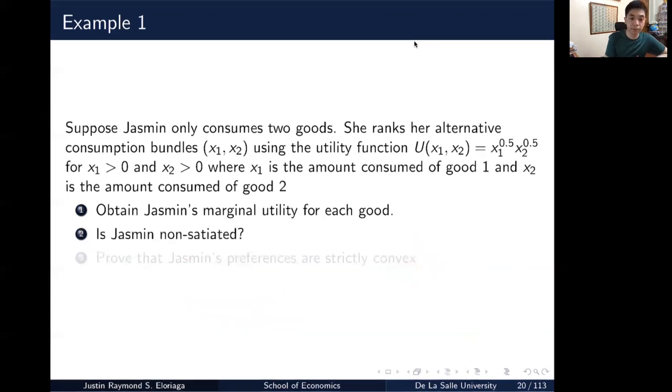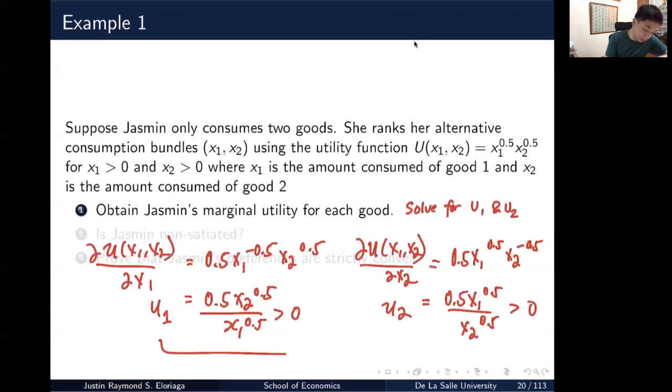Now, the second question basically just asks, is Jasmine non-satiated? Well, the answer is obvious. Because these two things are greater than zero, an additional unit of either good one or good two, none less of the other, will make the consumer better off, will make the consumer happier.